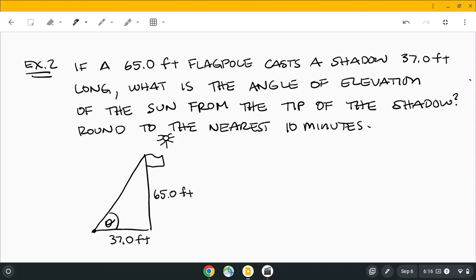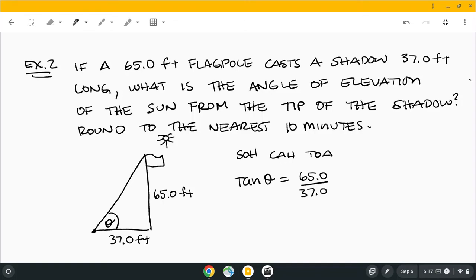All right, so let's see which of these we are going to use: sine, cosine, or tangent. So here's my angle. Opposite, adjacent. That means we're going to be using tangent. So tangent theta equals opposite 65.0 over adjacent 37.0.